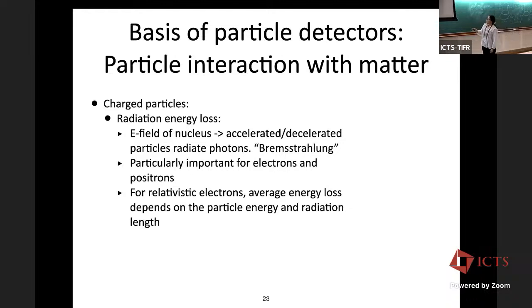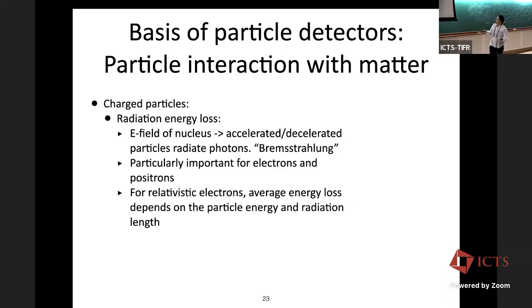So from this acceleration or deceleration, the particle then radiates photons, right? This is called Bremsstrahlung. I always have a hard time pronouncing it. It's actually a German word, and it literally means braking radiation, very direct. And this is particularly important for electrons and positrons. It becomes the basis for the calorimeter detectors.